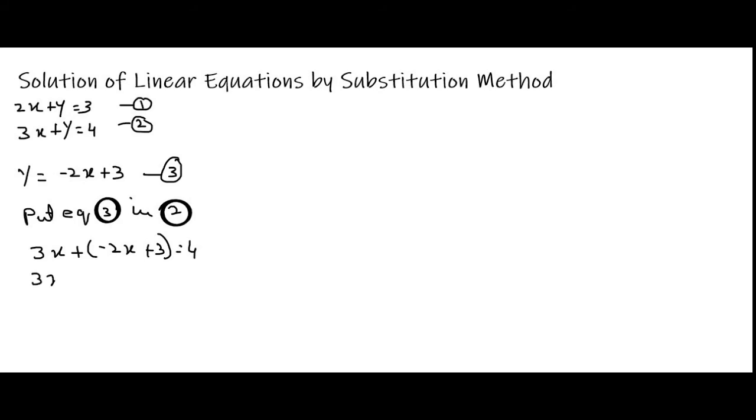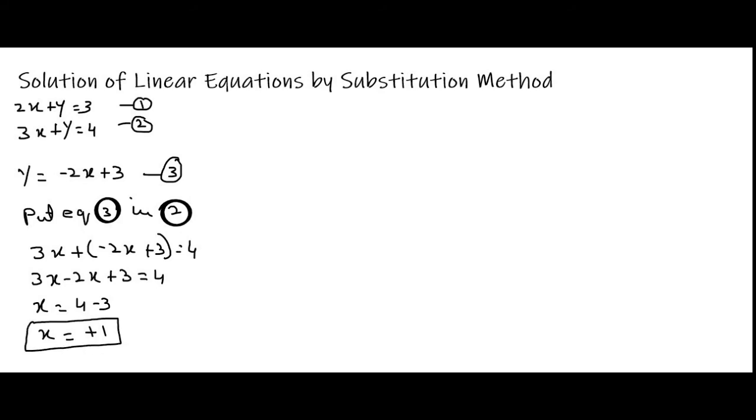So 3x minus 2x plus 3 is equal to 4. Rearranging the variables and the constants, we get x is equal to 4 minus 3, so x is equal to plus 1, which is the value of x.